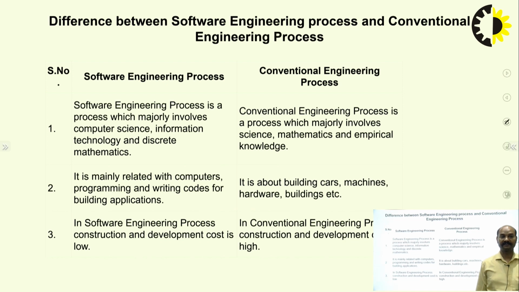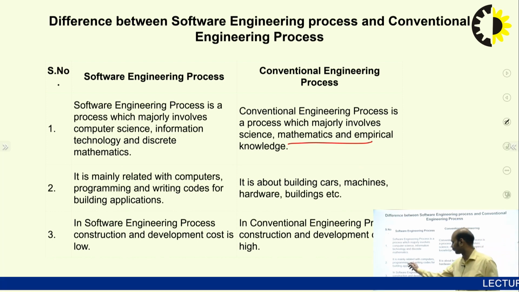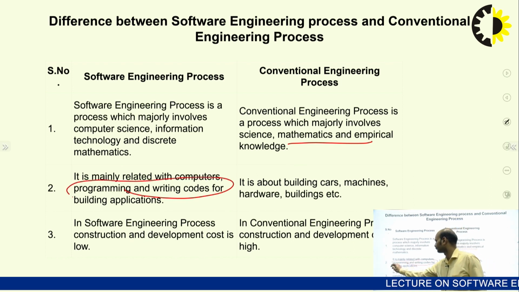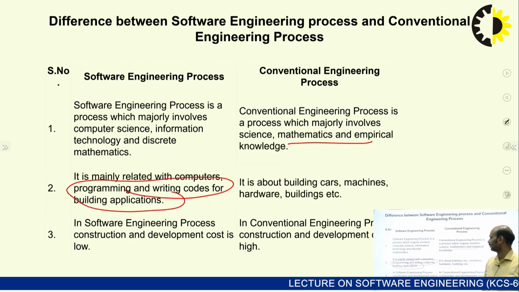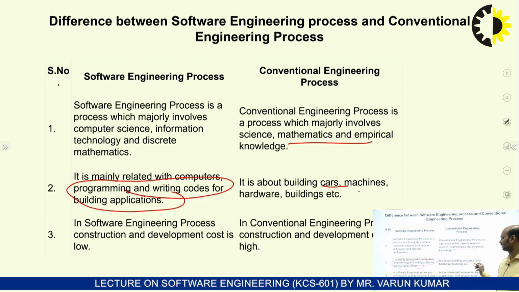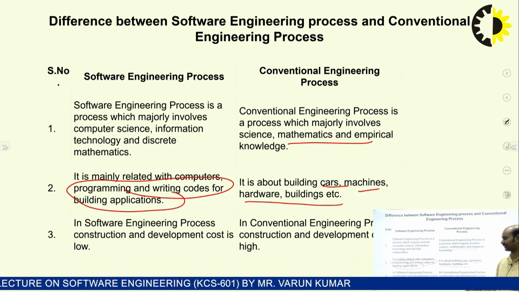Otherwise, the conventional engineering process majorly involves science, mathematics and empirical knowledge. Software engineering is mainly related to computer programming, writing code, and building applications. Although the conventional process deals with machines, cars, buildings, etc.